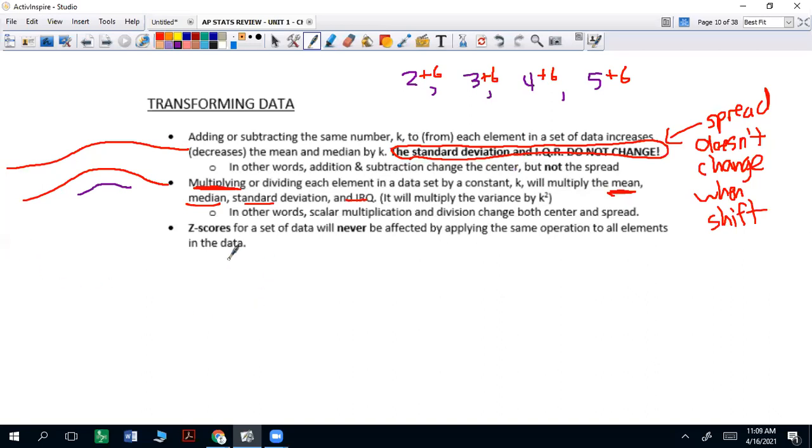Now, what's never going to change is z-scores. A z-score is however many standard deviations above or below the mean, and that's a set number, okay? Z-scores will never be affected by multiplying or adding, because a z-score is always going to be centered around 0 and always have a standard deviation of 1.